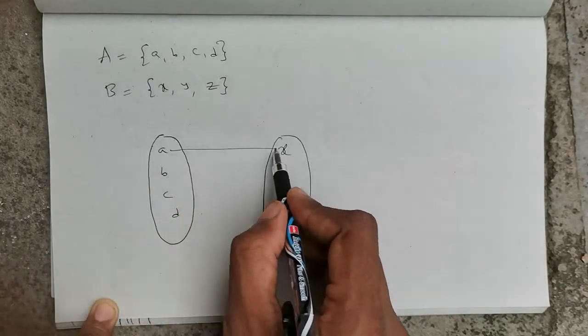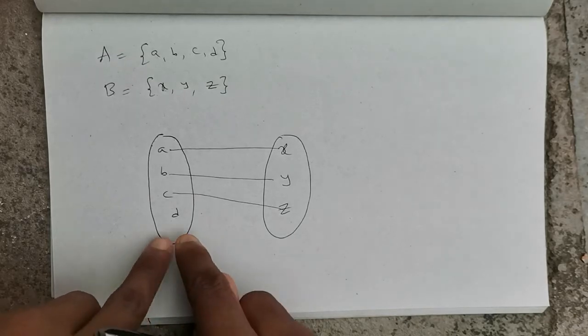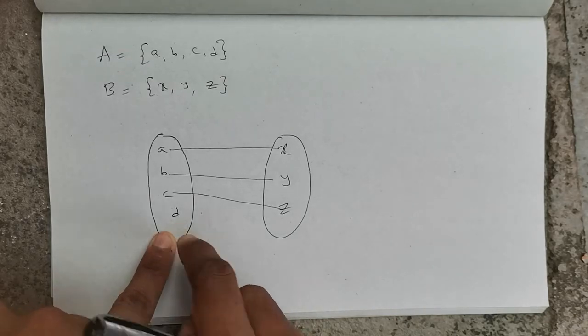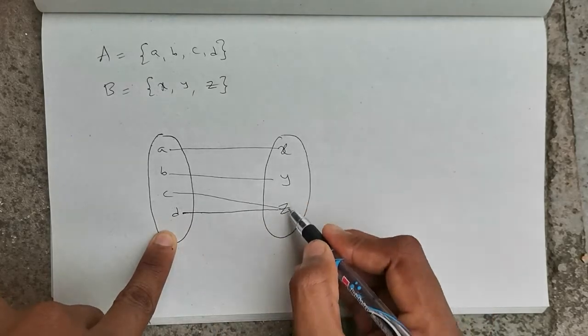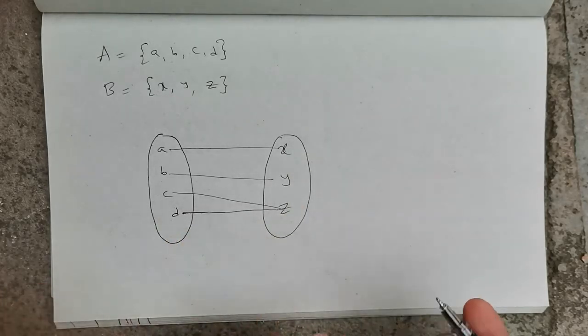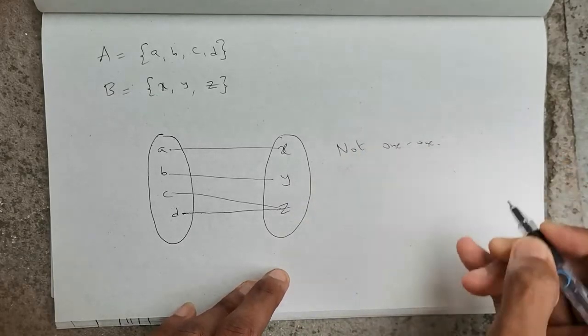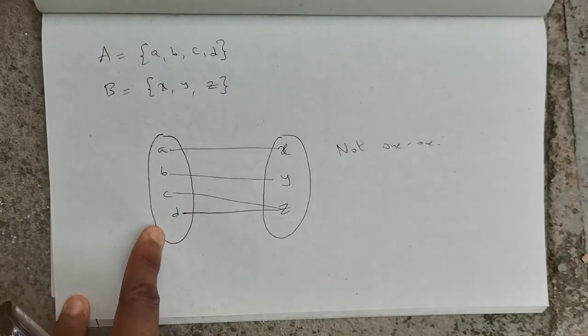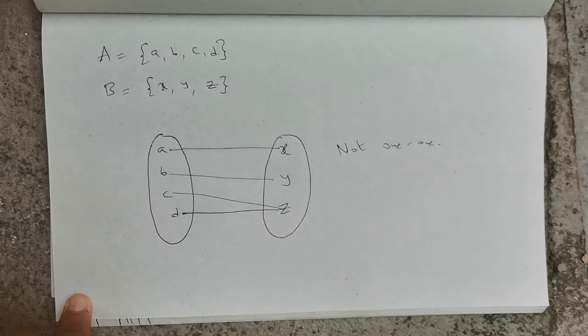In whatever way we arrange, one element is extra, and compulsorily it should be connected with one of the elements from set B. So then it won't become 1 because at least one element from set A has the same image.